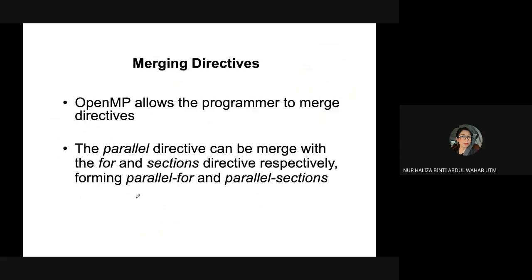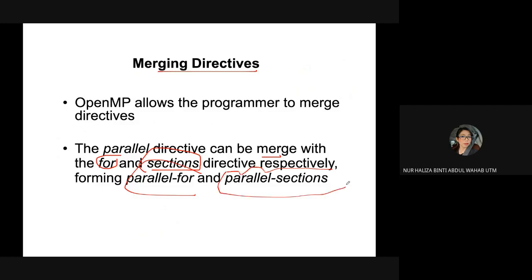And if you need a merging directive, OpenMP allows the programmer to merge directives. The parallel directive can be merged with the for and section directives respectively, which is where you perform your parallel for and parallel sections.